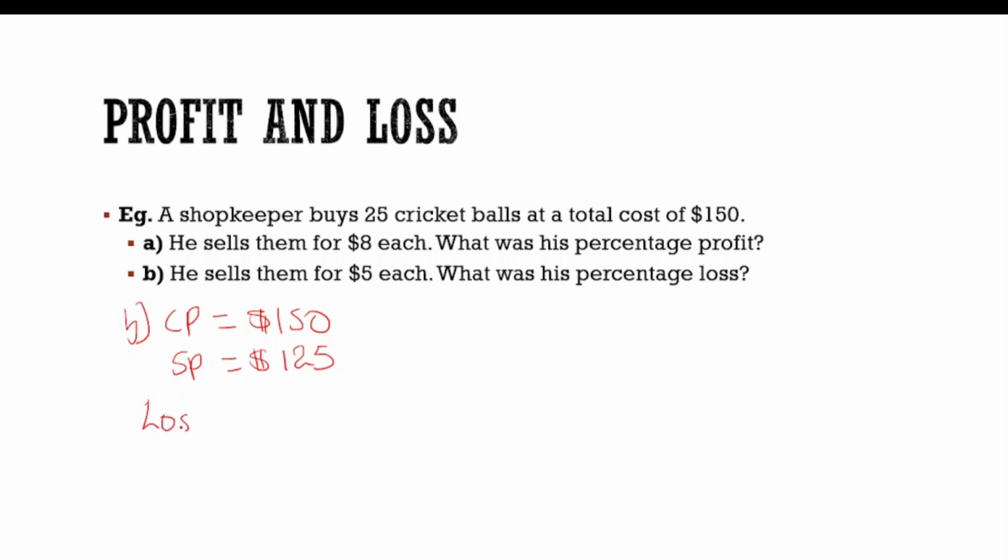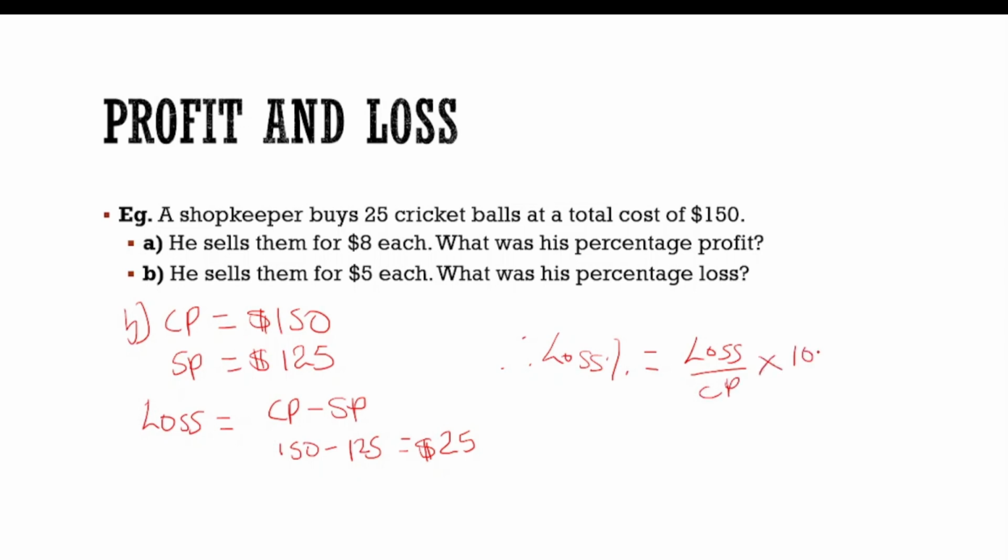So the loss is equal to the CP minus the SP, which is 150 minus 125, which gives us $25. Therefore, the loss percent is equal to the loss over the cost price times 100.